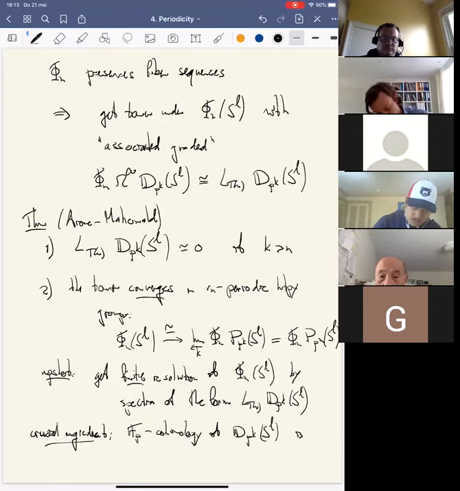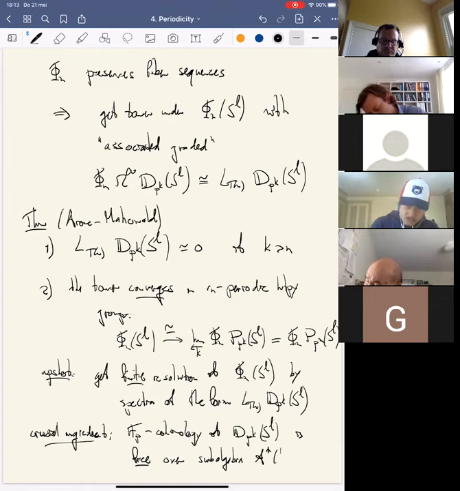So I'll prove that this is free over the subalgebra that's usually denoted A_{k-1}. So at the prime 2, this is the subalgebra generated by all the Sq^{2^i}'s, where i is at most k minus 1.